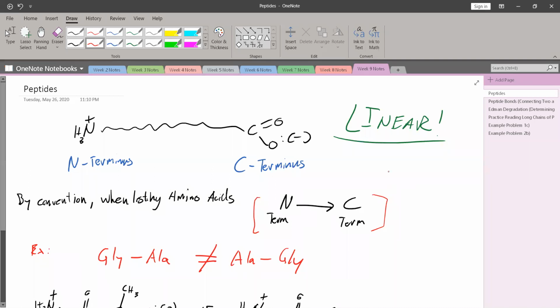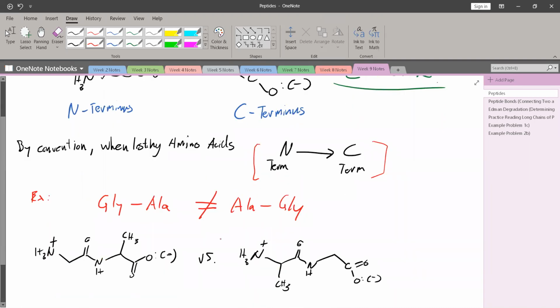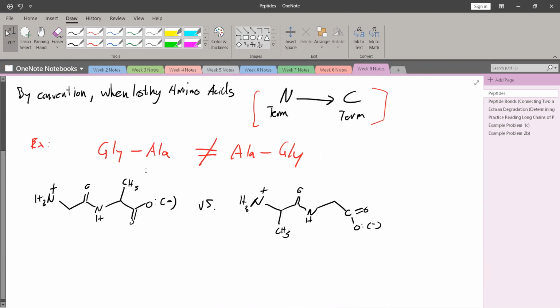For example, glycine alanine, so this molecule right here, is completely different than alanine glycine. Despite them using the same two amino acids, because the direction is reversed, they are two different molecules. Looking at this first molecule, we have glycine first, with an R group of H. Then after this peptide bond, the C double bond O to NH, we have a CH3 right over here.